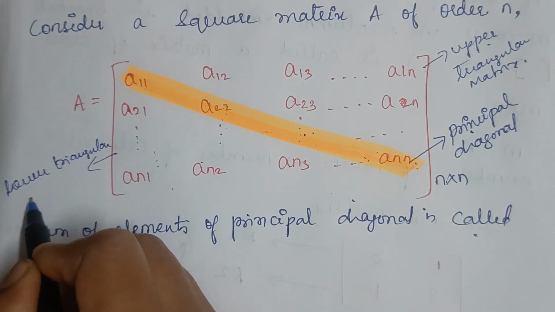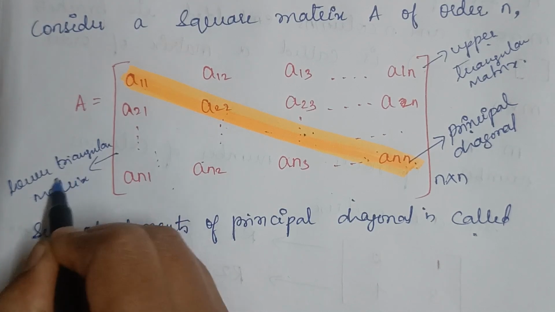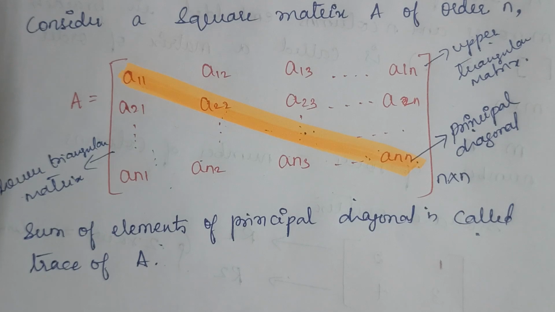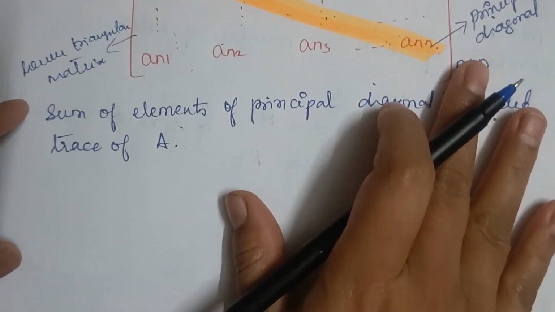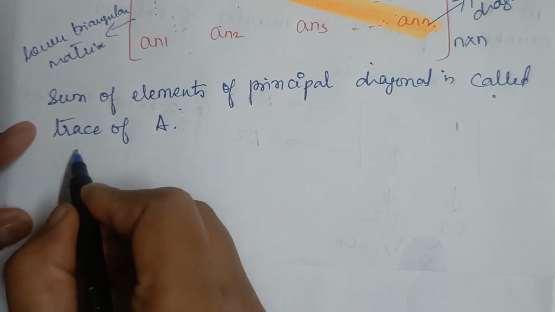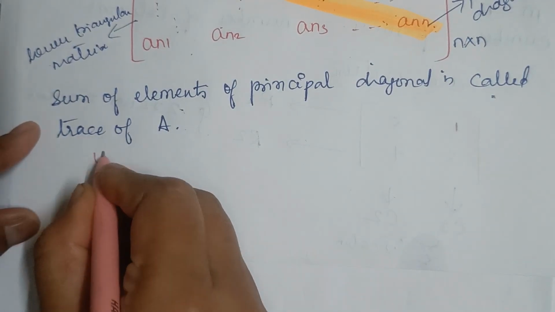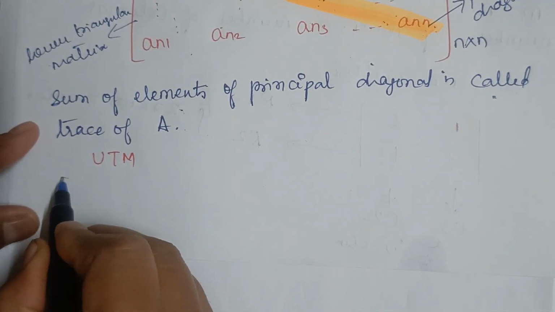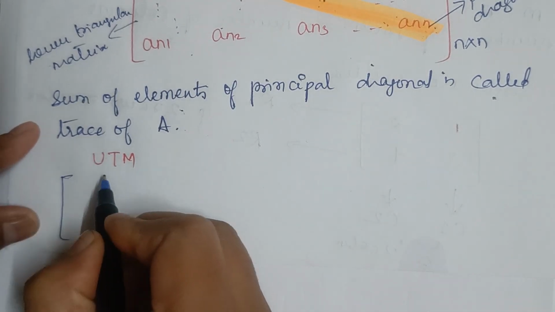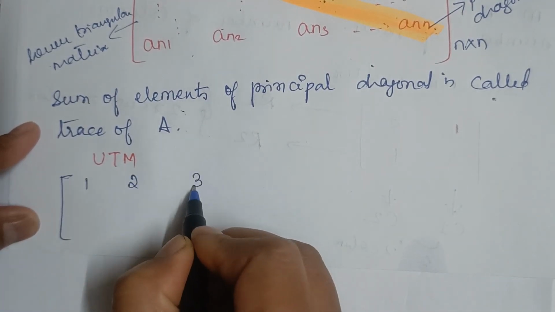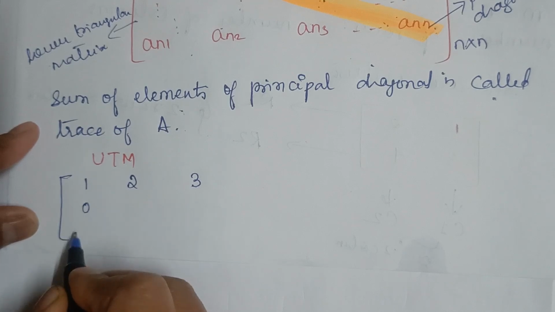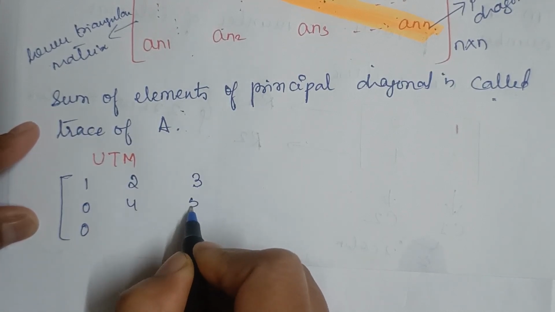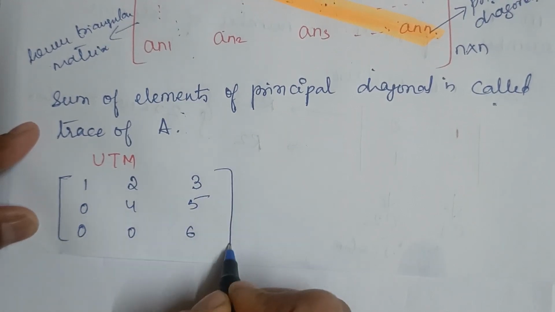I'll just give you examples for these, so it will be very clear for you to understand. For upper triangular matrix, consider 1 2 3, 0 0 4 5 6.